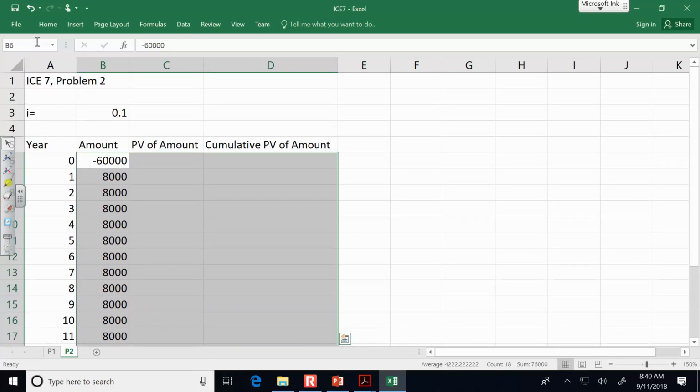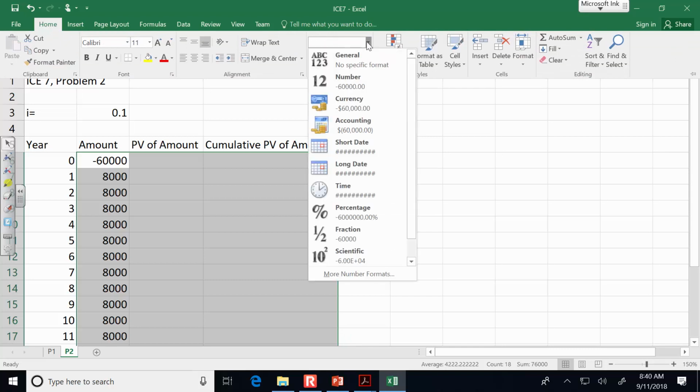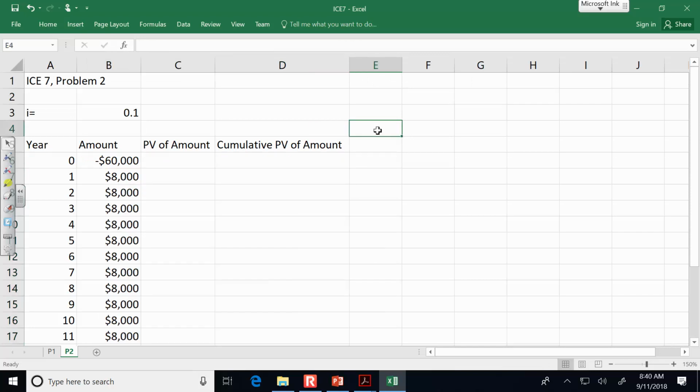So remember that step where you go to home over here, and instead of general, let's have it be currency. And then I don't want to be looking at too many unnecessary significant digits, and so I'm going to decrease the decimals so it doesn't show the pennies. I don't care about pennies, not on this problem. Okay, so this is where we're at so far.